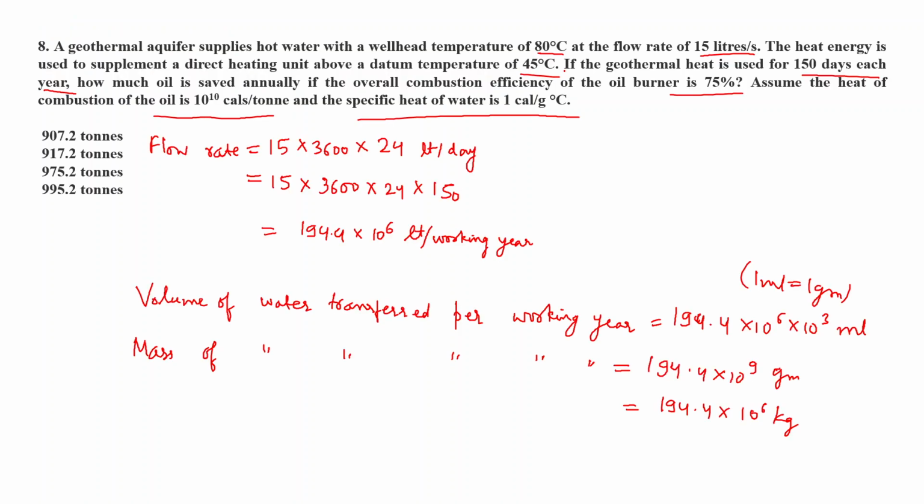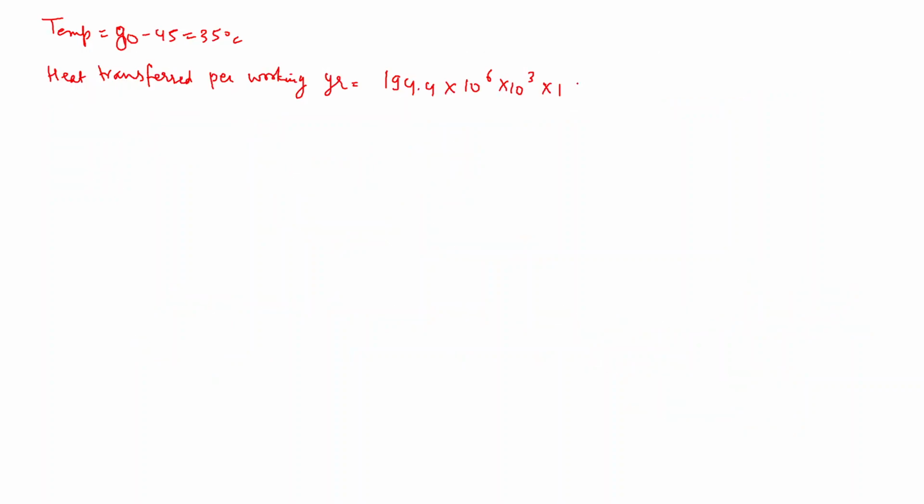Then the specific heat of water is given as 1 calorie per gram degree C. Then s is 1, delta T is 35. So it will be 6.804 into 10 to the power 12 calories.